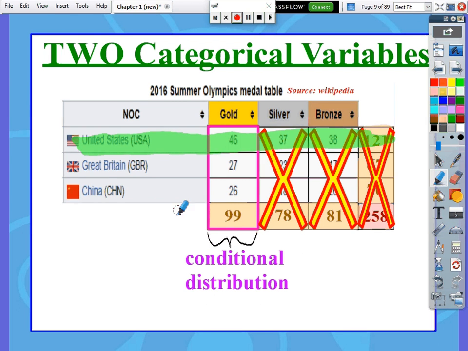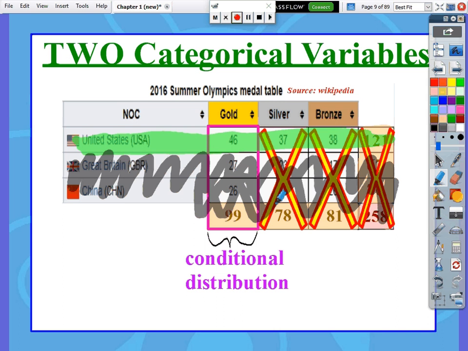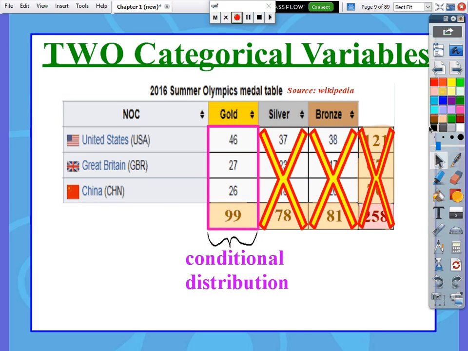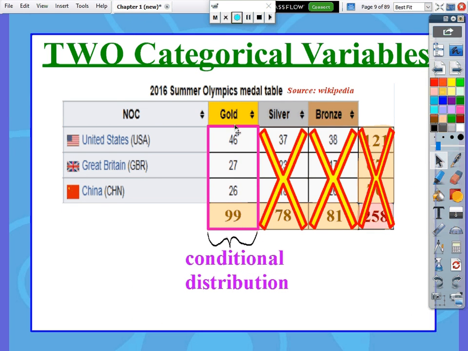And then what would we do with Great Britain and China's numbers? We would simply ignore all of these other values because they don't belong to the United States. So marginal distributions is when you want to talk about one categorical variable across the board. And then a conditional distribution is when you just want to focus on maybe one, or not all, of the marginal distribution.